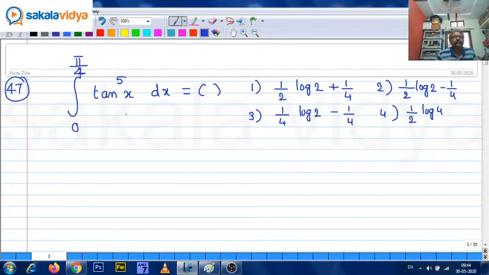Okay, now you need to remember one short formula, the reduction formula.